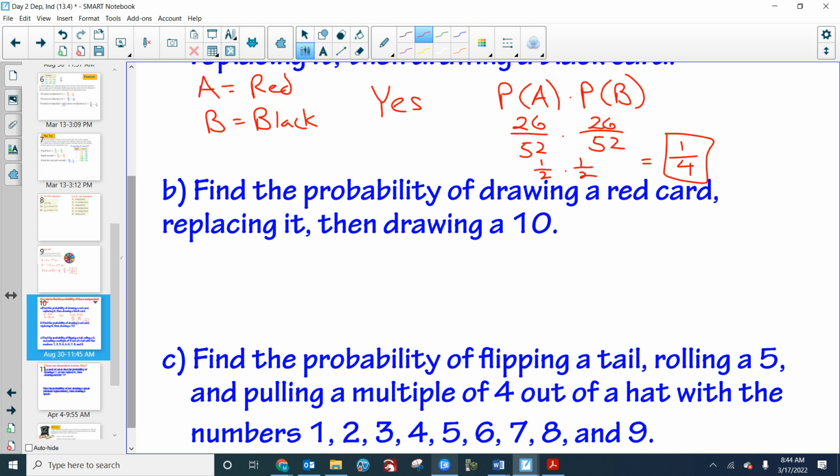All right? So probability of drawing a red card, 1/2. Probability of drawing a 10. How many 10s are in the deck? 4. Yeah, there's the 10 of clubs, 10 of spades, 10 of diamonds, 10 of hearts. There's 4 out of 52. Now, could we have reduced that?